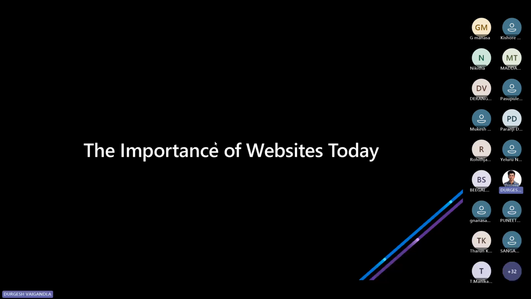In a similar way, we definitely need a website to showcase something. In today's AI era, definitely needed. So having an online presence today is more important than ever. Websites will help you reach millions of people and turn our ideas into something the world can see and interact with. So I hope you understand the importance of websites today.